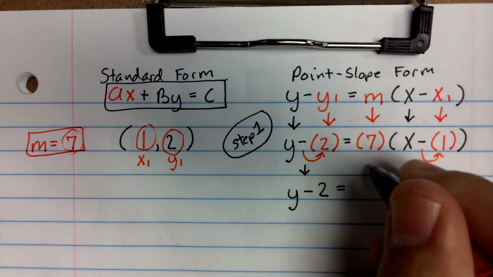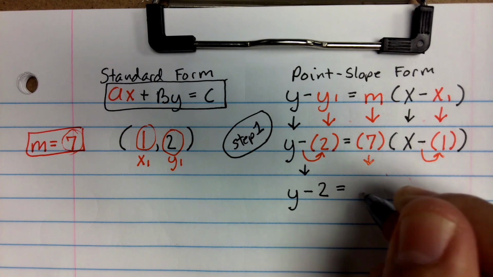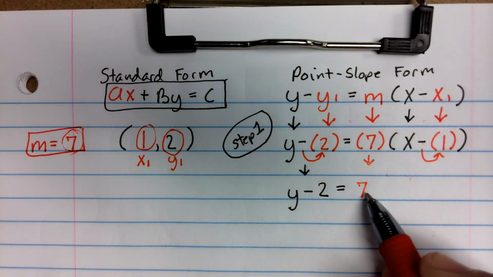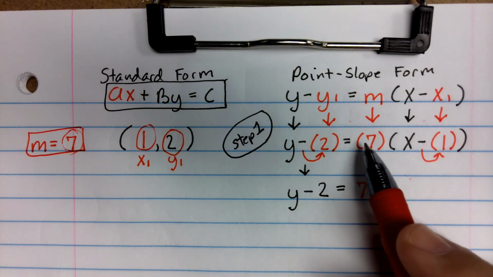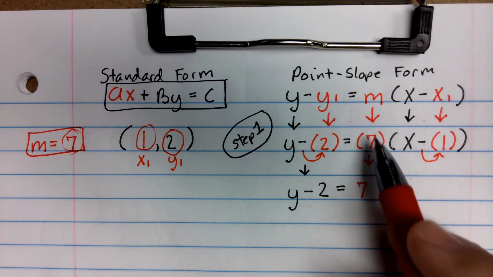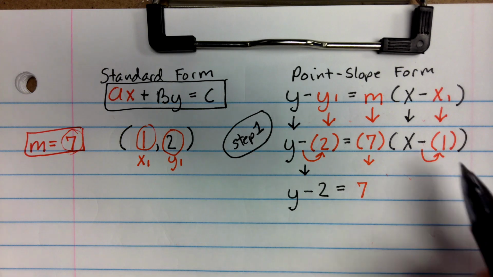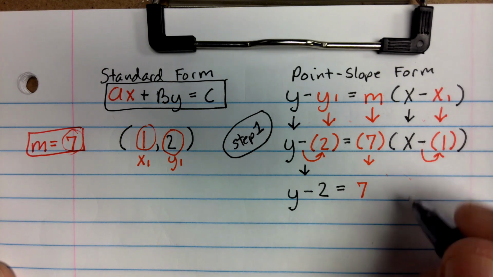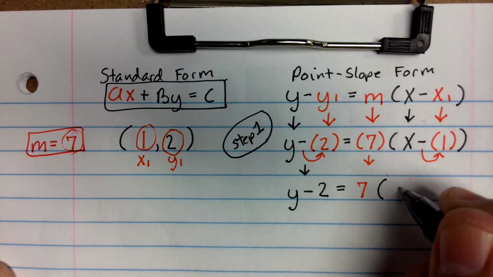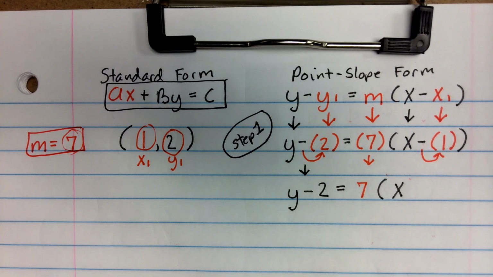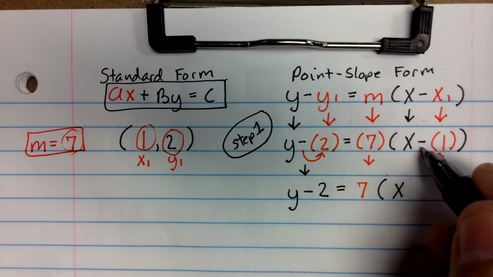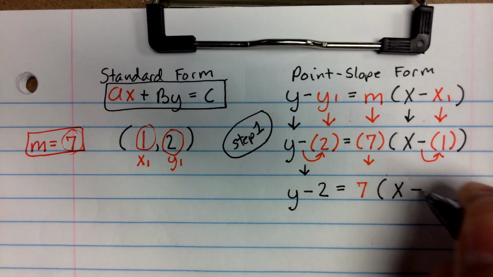We're going to rewrite it. So let me bring down my 7. Notice I dropped the parentheses on the slope. You can always drop the parentheses on the slope for this particular variable, and it won't affect anything. But don't do that for the others. Keep the parentheses on the others until you do the math. So I'm going to write x. And when I distribute a negative 1 times positive 1, that just makes it minus 1.